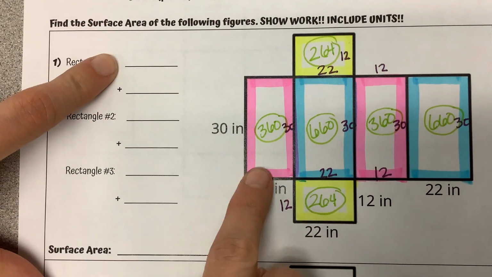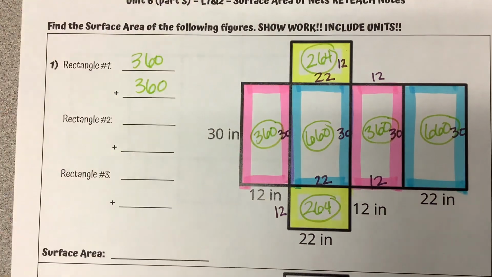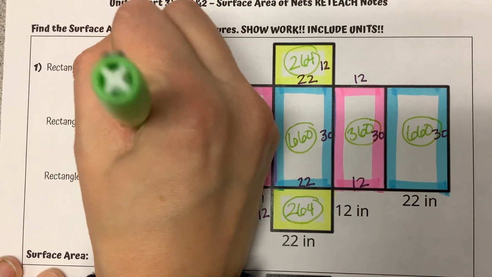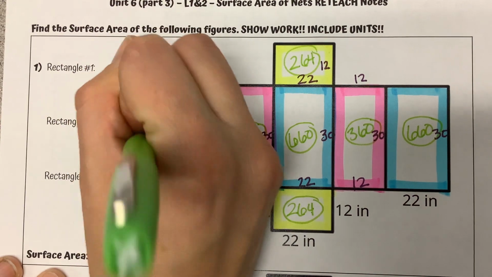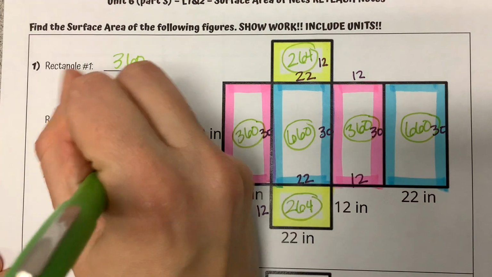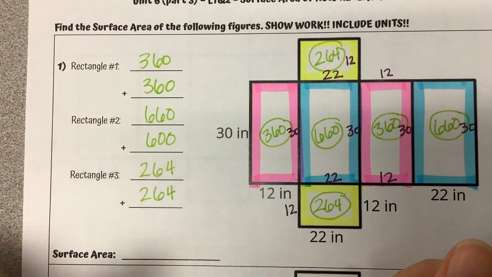So rectangle number 1, my pinks, I have 360 and 360. Rectangle number 2, our blues, we have 2 660s. And our third pairing, our bases are 264.